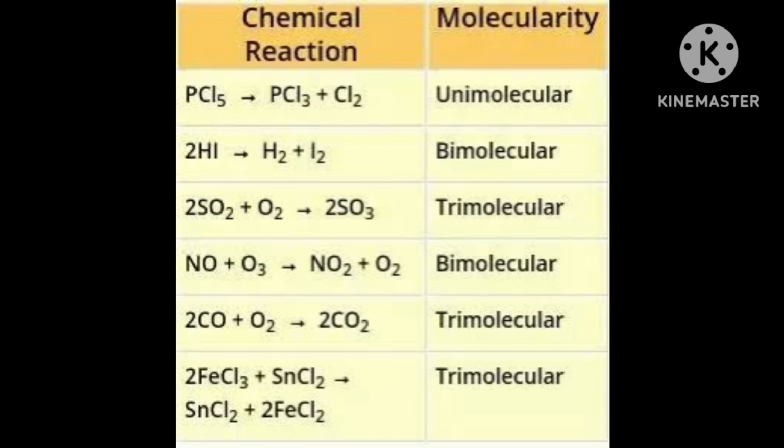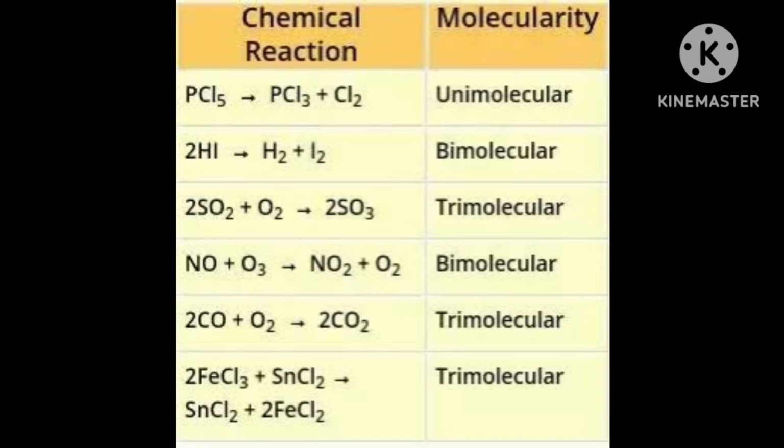Molecularity is just, in a balanced reaction, what is the total number of moles of reactants? Suppose 2 reactants are there, then how many moles are reacting in the balanced equation? Means stoichiometric coefficient, you add it.